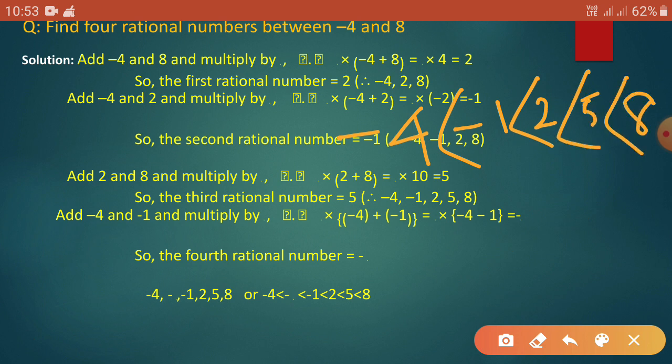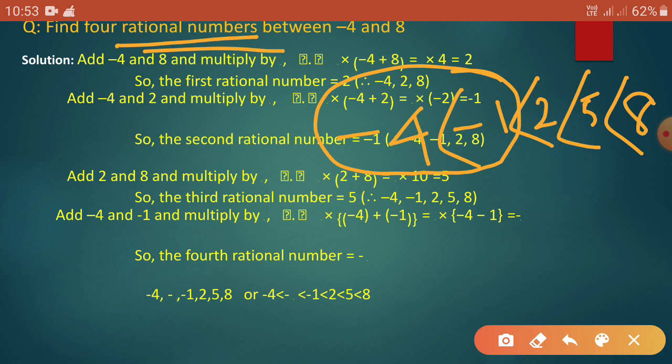Now again we are trying to find the rational numbers between minus 4 and minus 1, because the question is we have to find 4 rational numbers. So we are taking these rational numbers to find the rational number in between them. At first we add minus 4 and minus 1, and then multiply the result by 1 by 2.